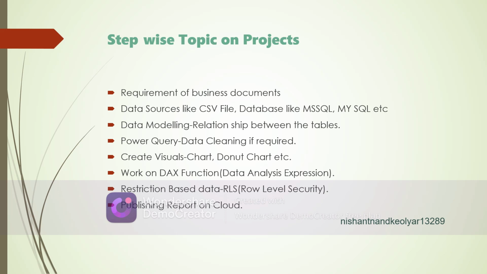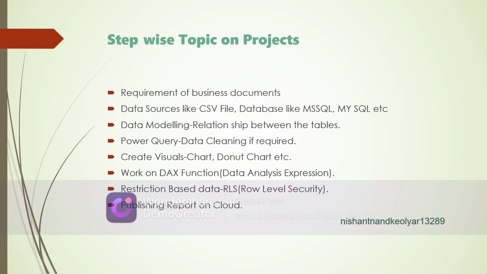This is a restriction-based role per user: which user sees which report, client-wise. If the client gives permission that, for example, location A is seen by user A and location B's report is seen by user C, that is the relationship restriction-based RLS.